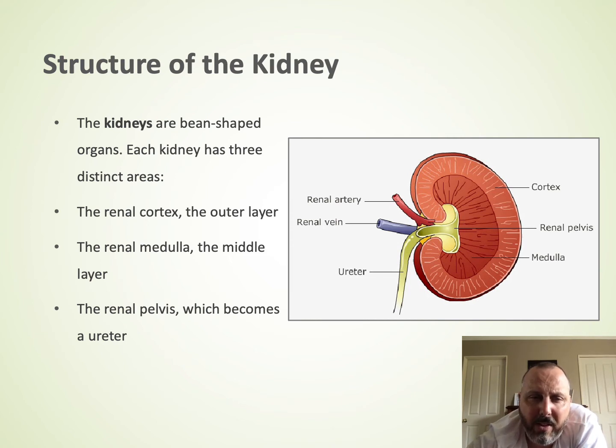Essentially, that's what turns into the ureter and then transports the urine to the bladder. We're going to break that down a little bit further as well. You'll see there also labels the renal artery and the renal vein, so that's just where the cardiovascular system joins into the urinary system. All of the blood in the body through those arteries and veins is coming through the kidneys, we said 400 times per day, which is pretty impressive.